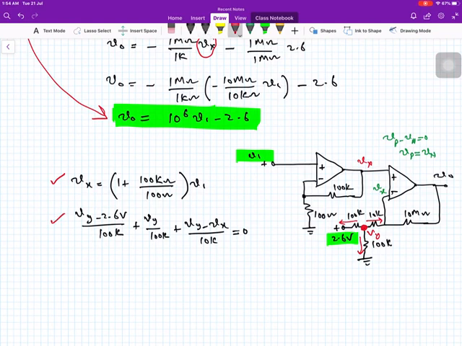There is another node. If you see, I will delete unnecessary things over here. This is another node, and the voltage over here is Vx. So I write the equation at this node. What is this current? This is Vx minus Vy divided by 10K. What is this current?